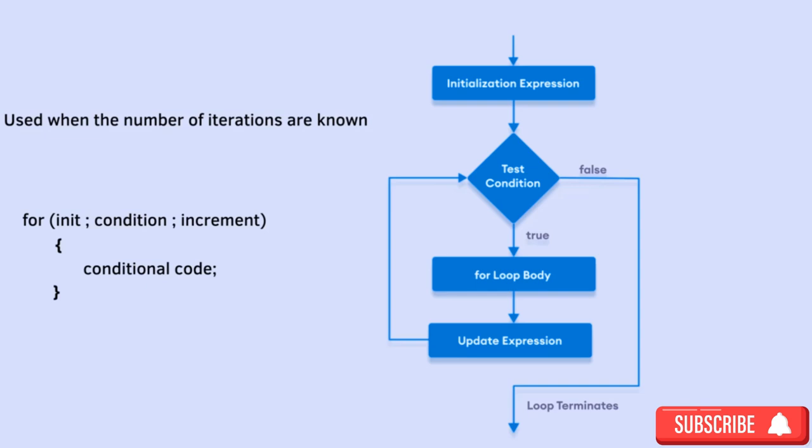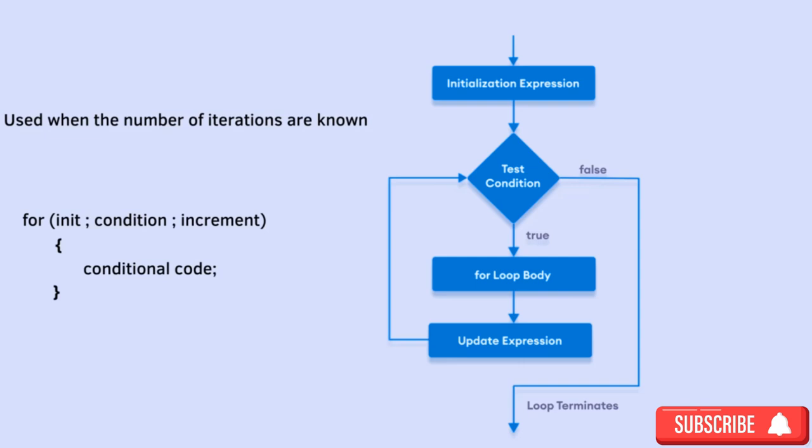Until the i value is less than or equal to 100, it will keep on executing. And increment: since i is 1 and it needs to go till 100, I need to keep on incrementing the value. I have to increase the value every time I run this loop. So for that, it is increment.